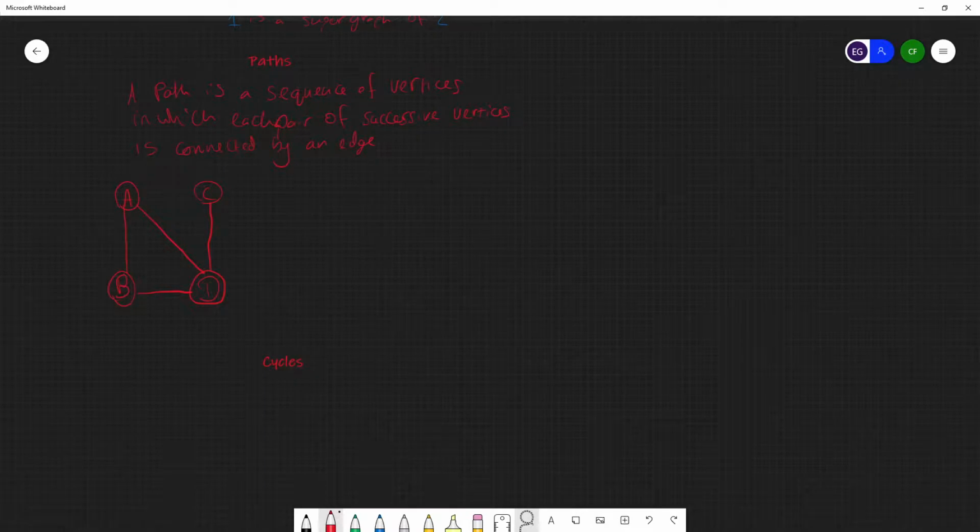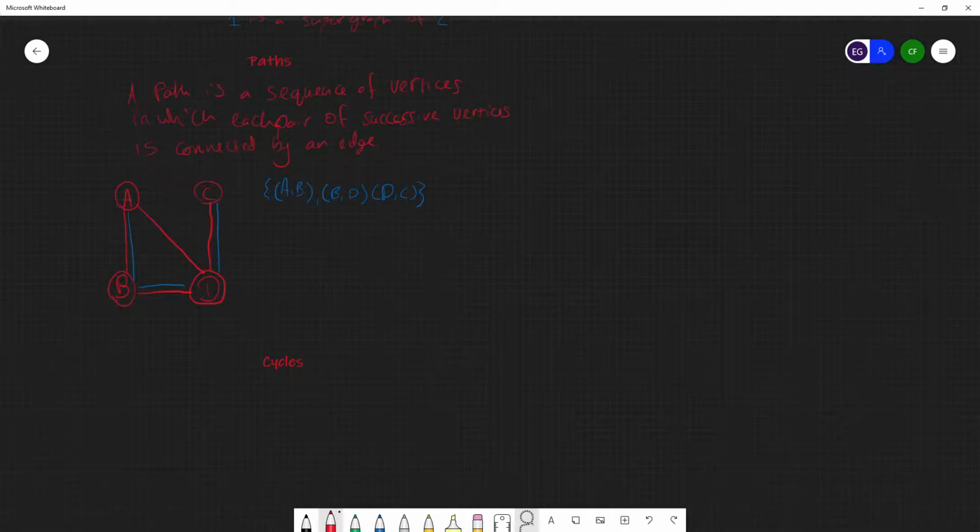Let's say we have the path in the set: A to B, B to D, and then D to C. Now this is one path of getting from A to C. So you can see we've gone here, here, and then up here. That would be the path.